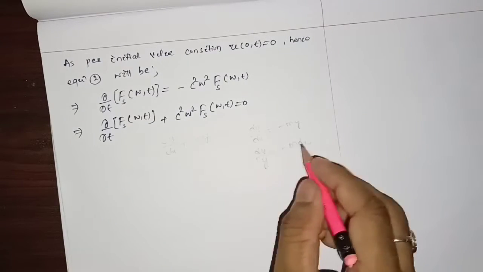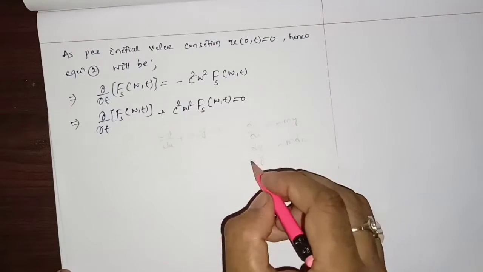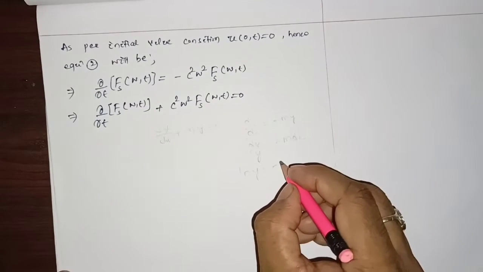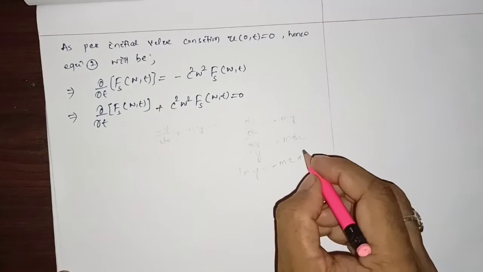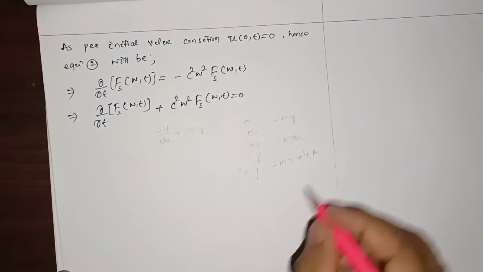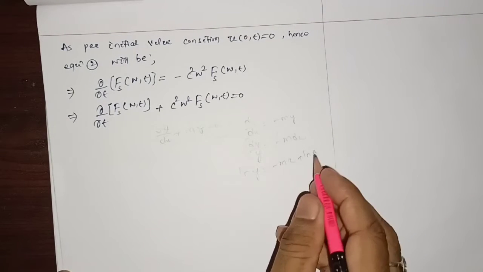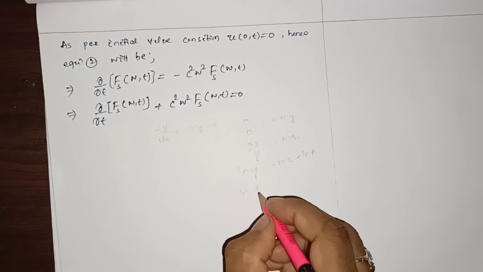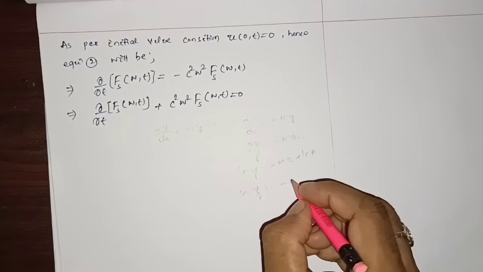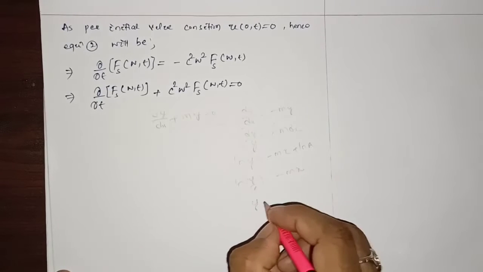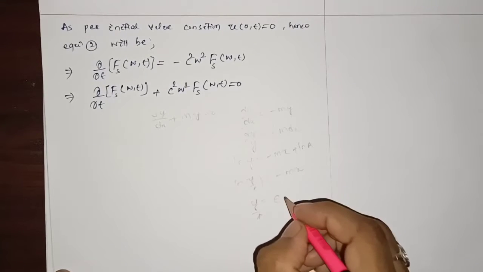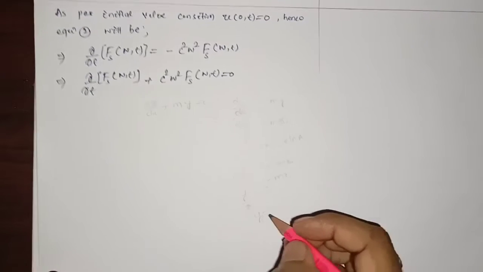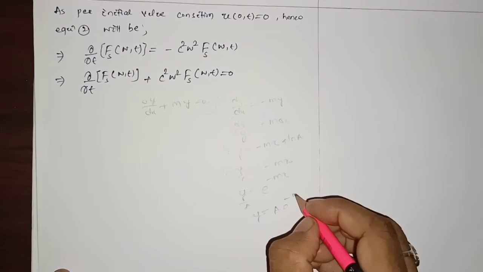By integrating both sides, this will be ln y equal to minus m x plus ln a, some constant factor. Taking this ln a to the left hand side, it will be ln (y by a) equal to minus mx, and y by a will be equal to e to the minus mx, and y will be equal to a e to the power minus mx.